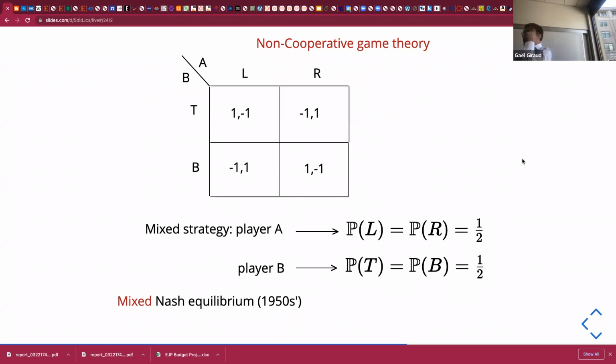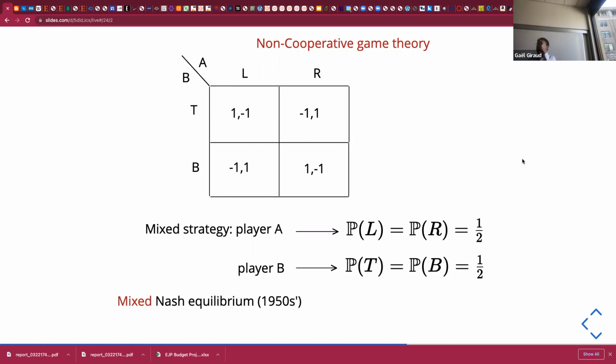But then I would think about it twice also, and I would think, well, I know that Michael is smart. So instead of playing left, he will play right. And if he does this, instead of playing top, I should play bottom. Because if I play bottom, I get 1 and he gets -1. But thinking a third time, Michael would think, well, I know that Gaël is super smart, so he will guess that I will play right, therefore he will play bottom, therefore I should play left.